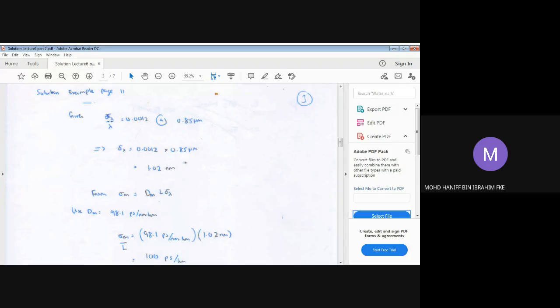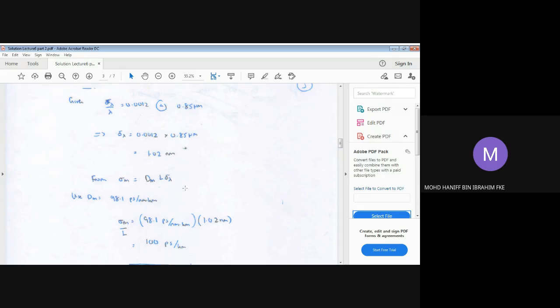So from this equation, we can straight away find the sigma lambda, which is the RMS spectral width, by multiplying 0.0012 with the wavelength, which gives us 1.02 nanometer RMS spectral width. From this equation, we use the DM, which is 98.1. So the RMS pulse spreading per kilometer will simply be 98.1 multiplied by 1.02. Finally, it will be 100 picosecond per kilometer. It's very straightforward.